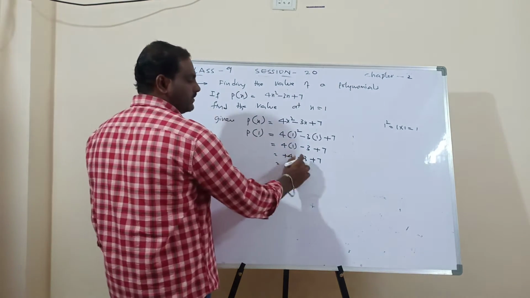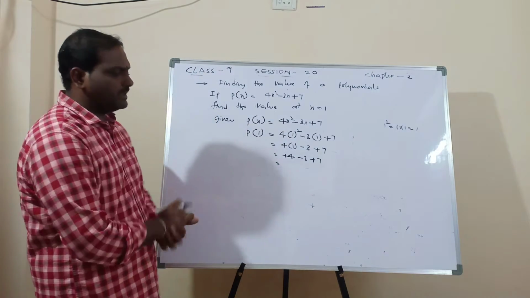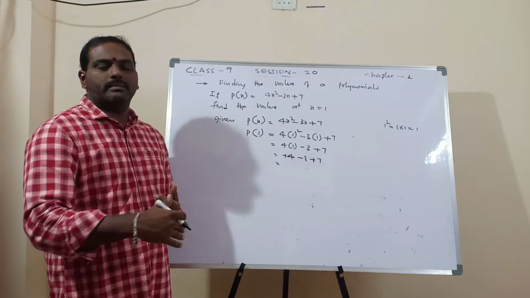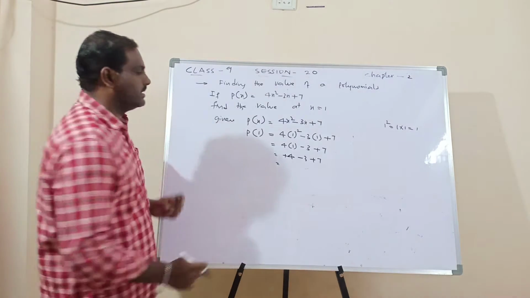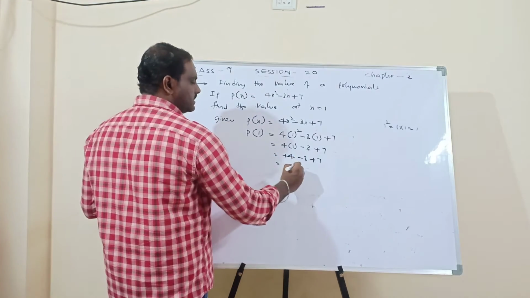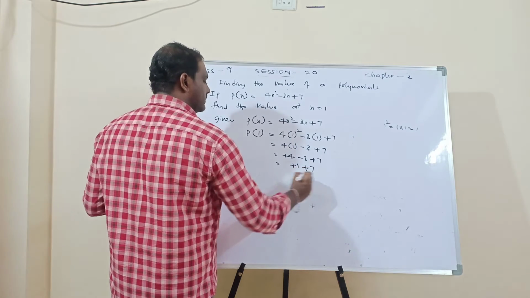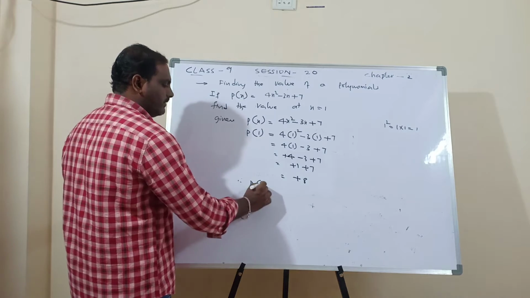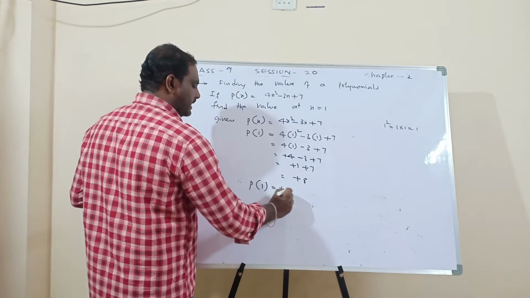As we discussed previously, when plus and minus are there, subtract the smaller number from the bigger number and take the symbol of the bigger number. So plus 4 minus 3 is plus 1, plus 7. The value is plus 8. Therefore P of 1 is equal to plus 8. This is the answer.